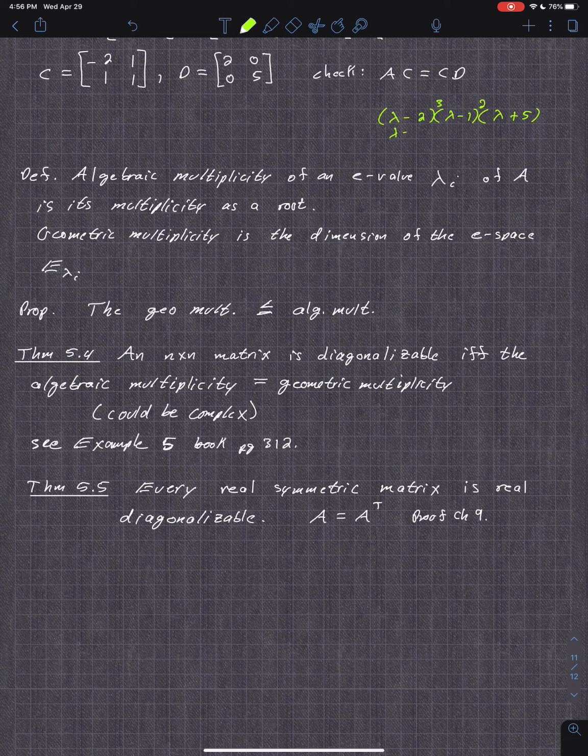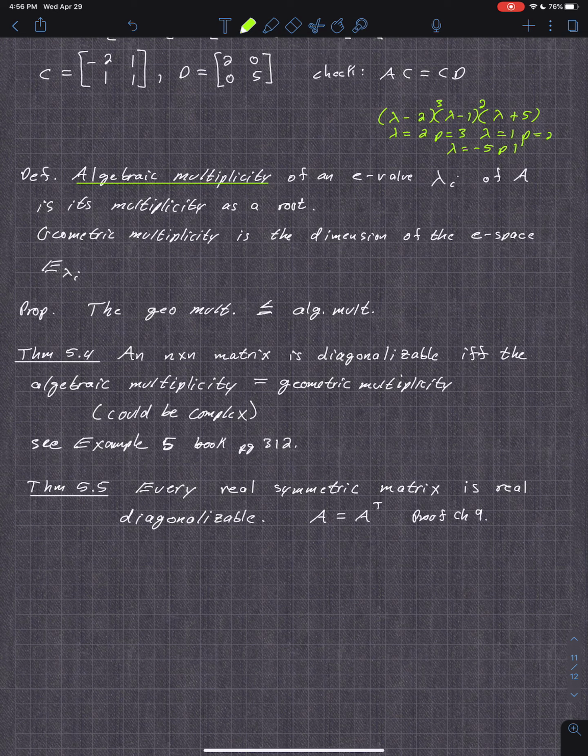Then lambda equals 2 with multiplicity, I call it P for multiplicity, 3. Lambda equals 1 with multiplicity 2. And lambda equals negative 5 with multiplicity 1. So that's called the algebraic multiplicity.